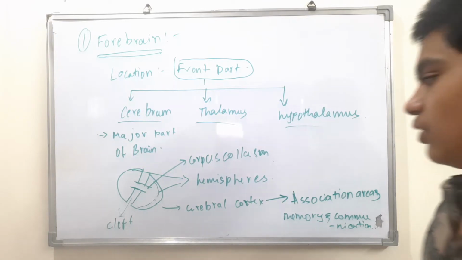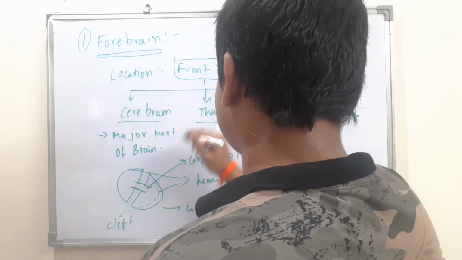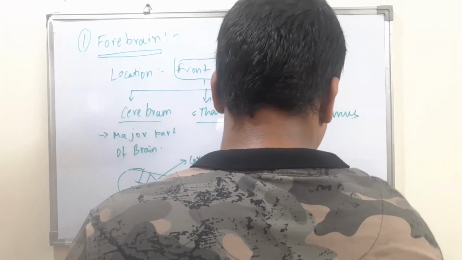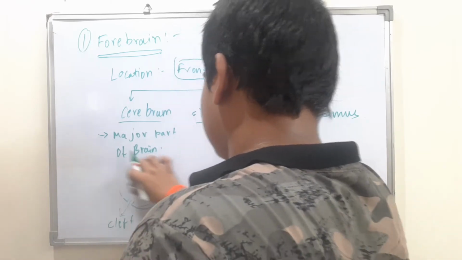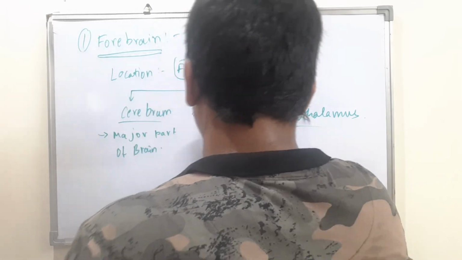Now this cerebrum wraps or encloses a small part called the thalamus.